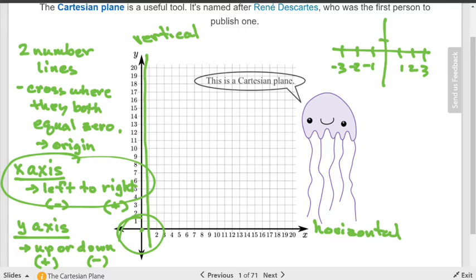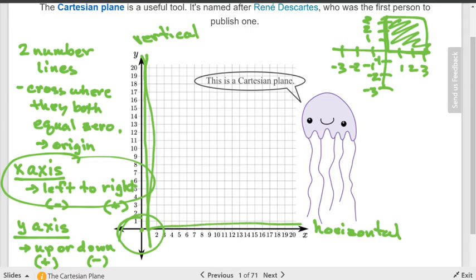If we have 1, 2, 3 going up, going down would be -1, -2, -3. So that's what the full Cartesian plane looks like. Most applications, however, will only use this square here, which is what they've drawn here.